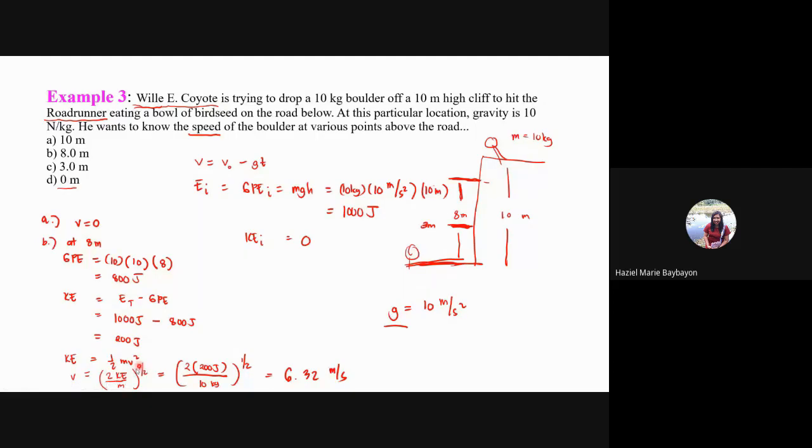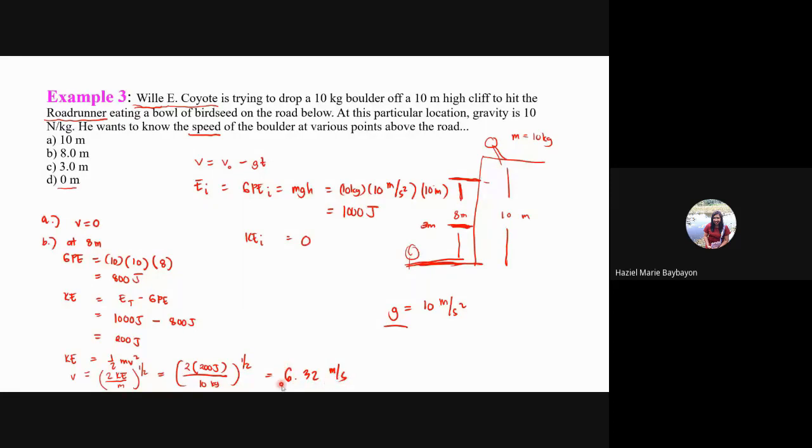The 1/2 exponent here is just equivalent to taking the square root of this term. So you have 2 times 200 joules divided by 10 kilograms. So you will get 400 divided by 10, that is 40. Okay, so square root of 40, you will get 6.32 meters per second.